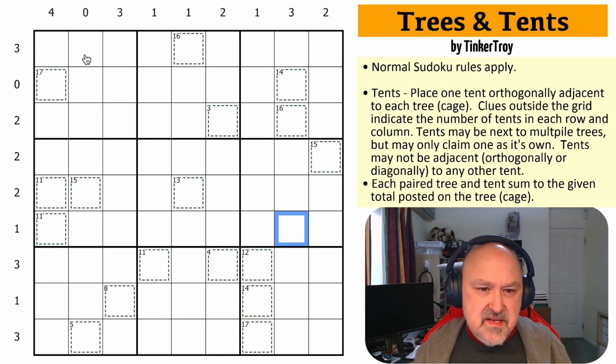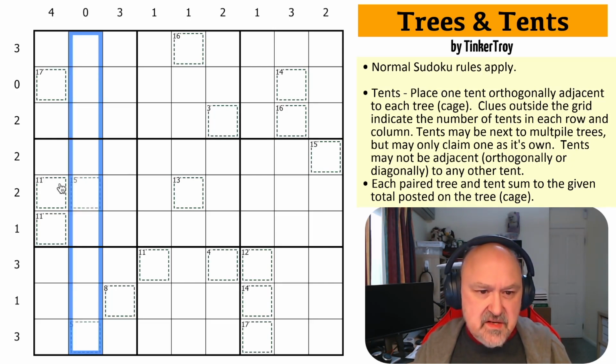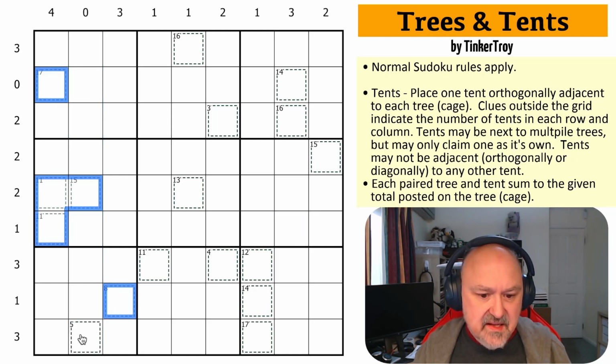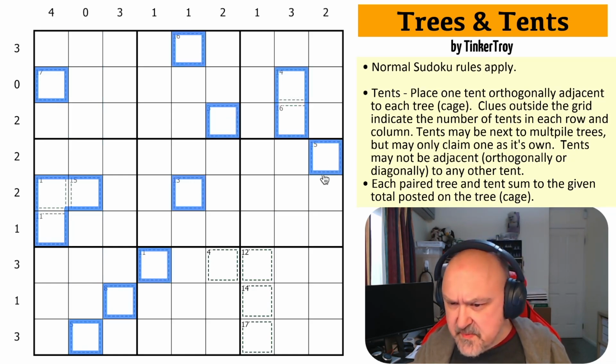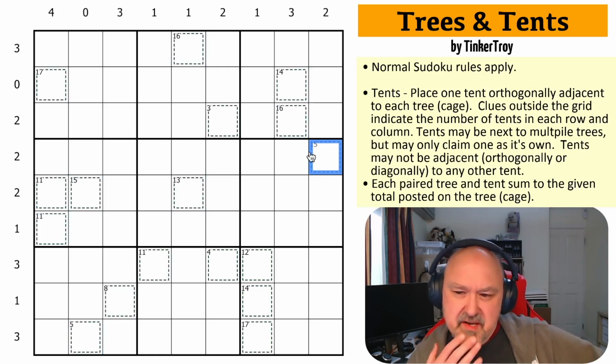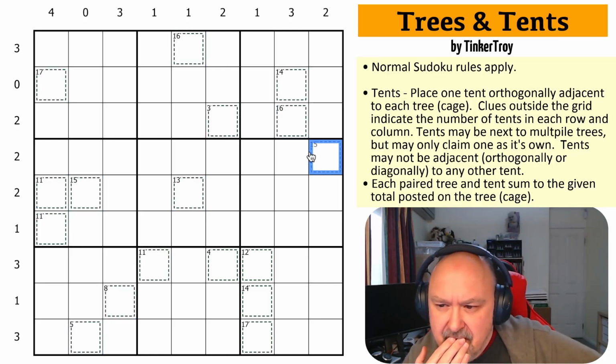Okay, so there's no tents in. So let's just mark in grey anything that cannot be a tent. And I'm assuming tents may be next to multiple trees. Tents may not be adjacent to any other tent. It doesn't say tents cannot be on trees. Is that an assumption I can make? Clues outside the grid indicate the number of tents in each row and column.